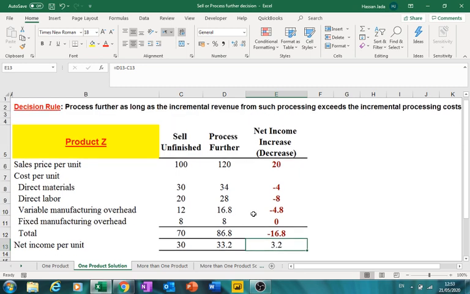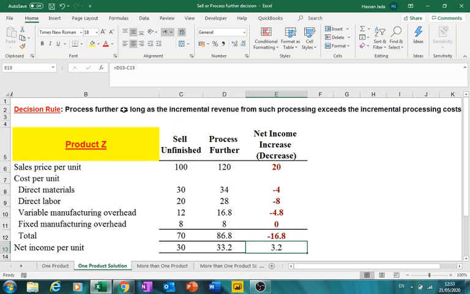Then the decision rule: process further as long as incremental revenue exceeds the incremental processing costs. We have incremental revenue, which is $20 from such processing, and incremental process cost. The additional revenue is $20 and the additional cost is $16.80.